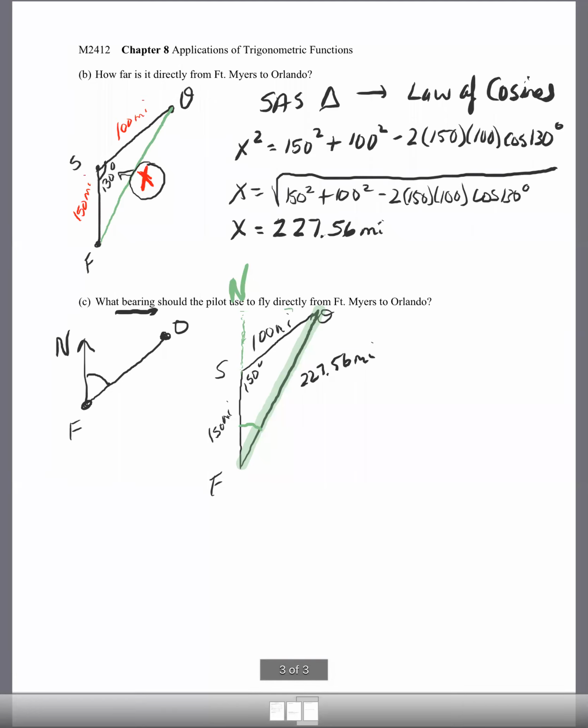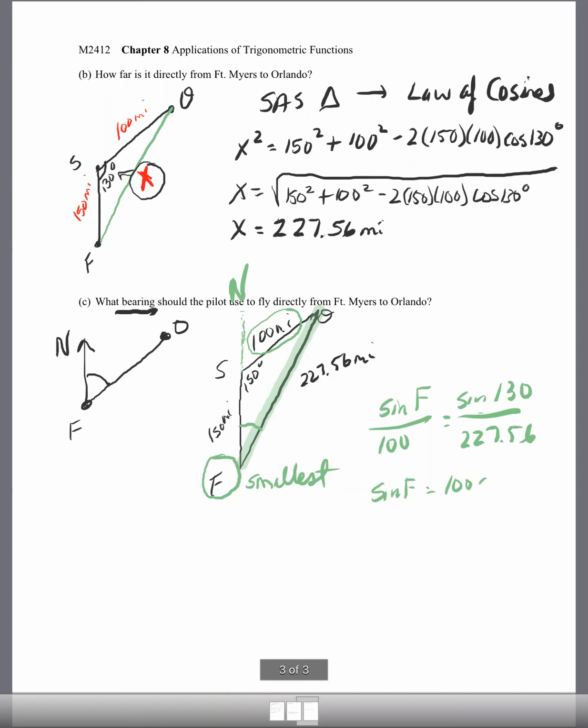So I think that we could use the law of sines, because this is definitely going to be the smallest angle, and this is the one I'm after. So if I look at the sine of F is to 100, as the sine of 130 is to the value 227.56, we can go in there and solve for F.